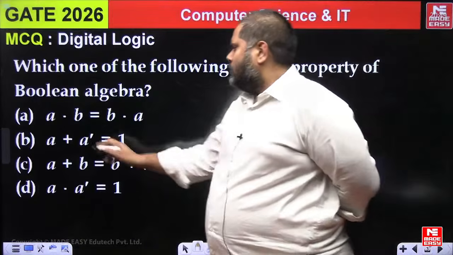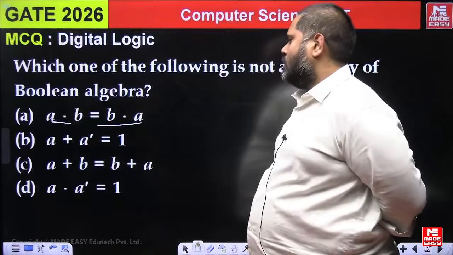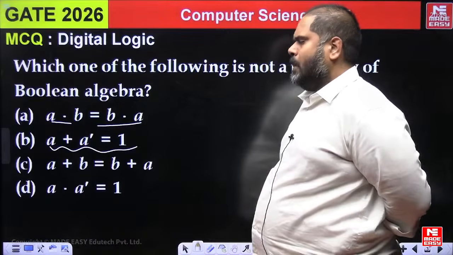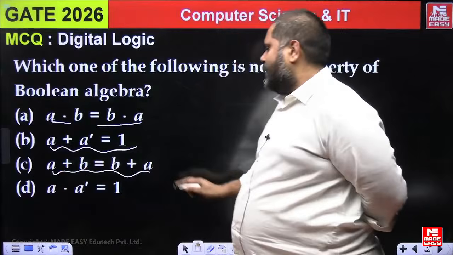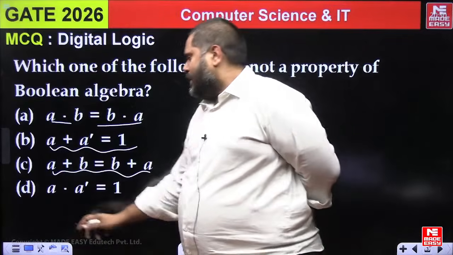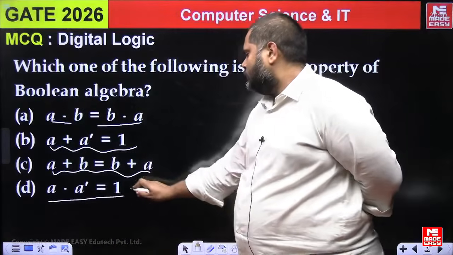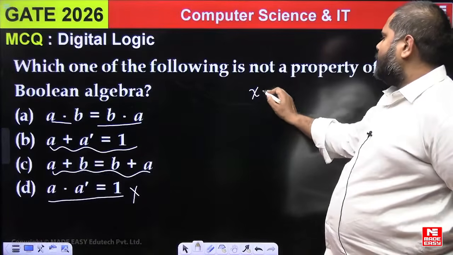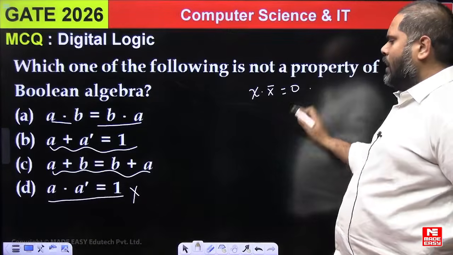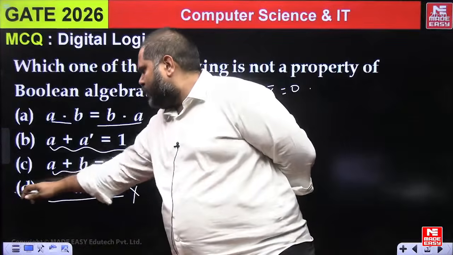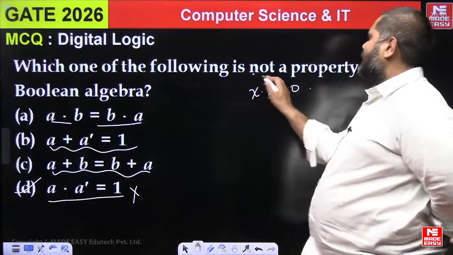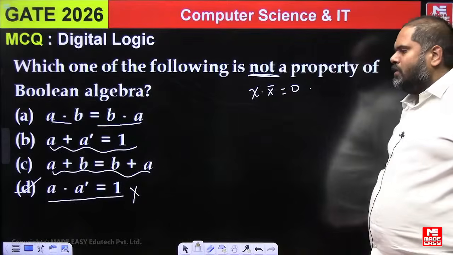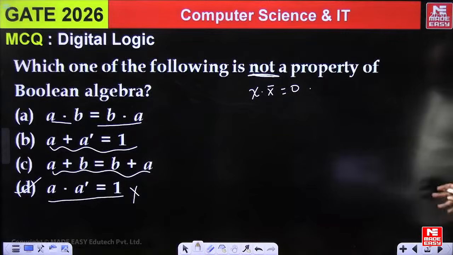It is commutative property, A dot B equal to B dot A. A plus A bar equal to 1 is also Boolean algebra. A plus B equal to B plus A, correct. But if you see here, A dot A bar equal to 1 is wrong. X dot X bar equal to 0. So this is not the property of Boolean algebra. The question is clearly telling which of the following is not the property, so the answer is D. Simple question.